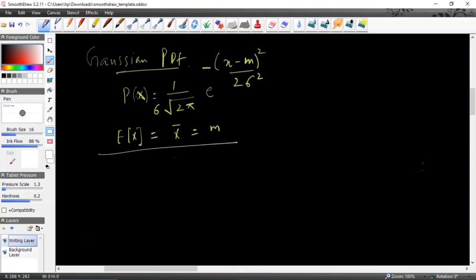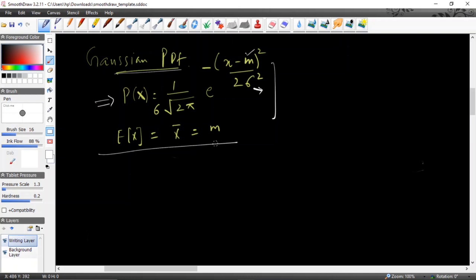Okay, in the last class, we were discussing the Gaussian random variable. So the Gaussian random variable has a PDF which is given by this equation, and we have said that it is defined by two parameters, which is the mean m and the variance, that is sigma square. The mean of this random variable we already discussed in the last class.